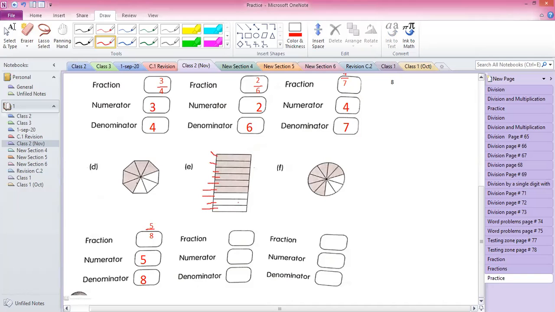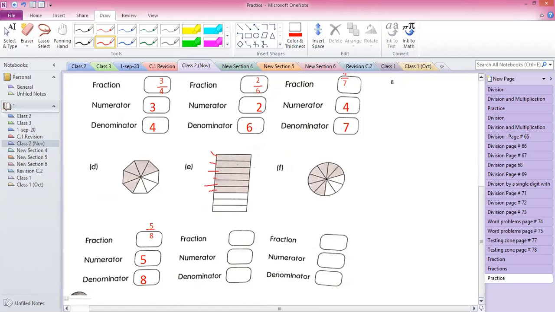Can you tell me the numerator here, guys? How many parts are shaded out of 9? 6. Very good. Look here, 1, 2, 3, 4, 5, and 6.